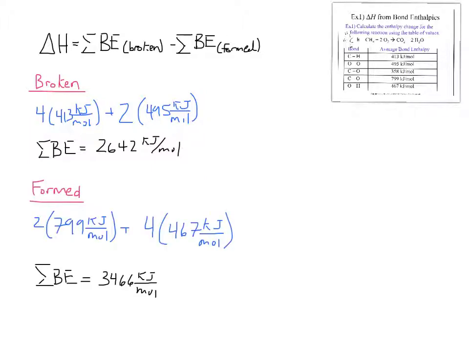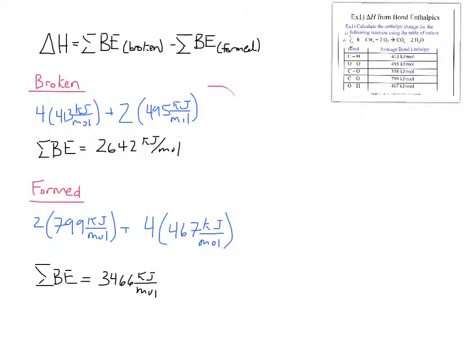Alright, so with our products then, carbon dioxide, which is C double bonded to O twice, because we have 2 oxygens on there, so it'll be 2 times 799, and we're adding that to the water, which there's 2 waters, and each one has 2 OH bonds, and so it's going to be 4 times 467. And so the overall bond enthalpy for the bonds formed is going to be 3466 kilojoules per mole.